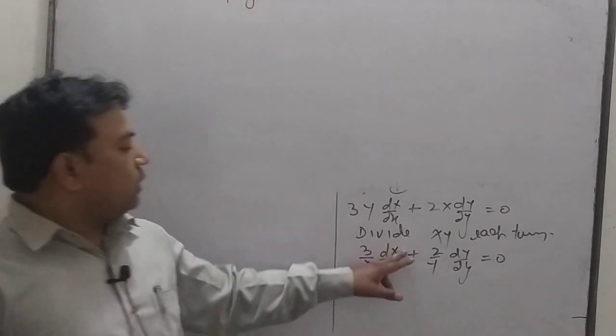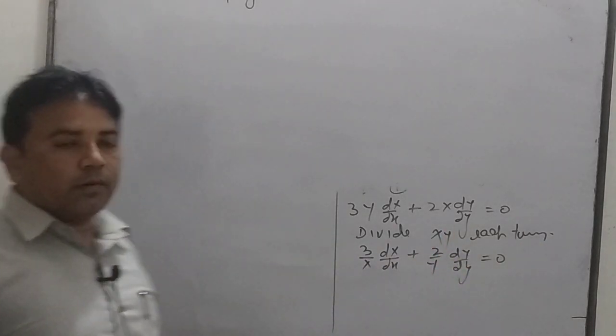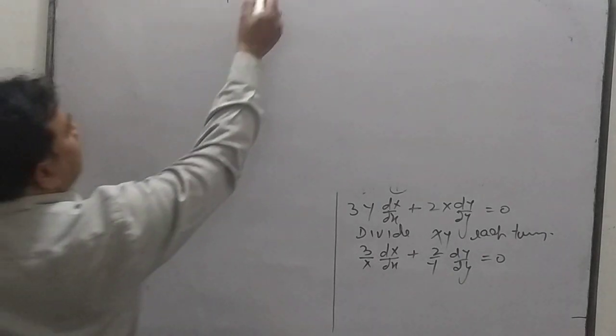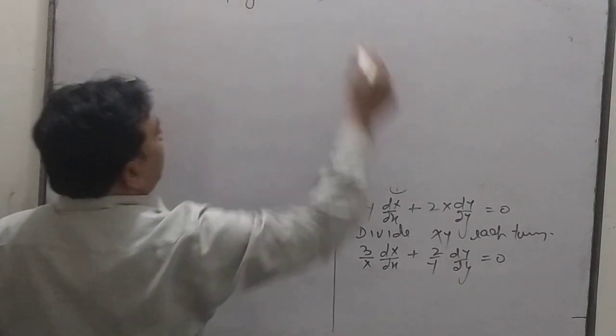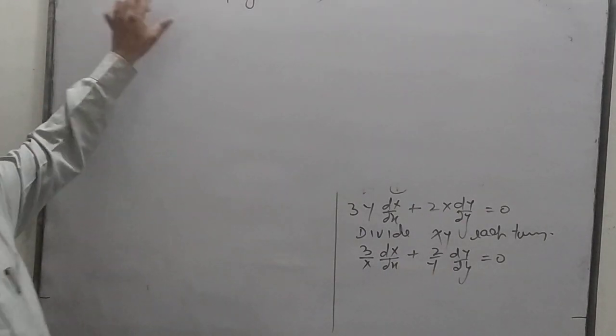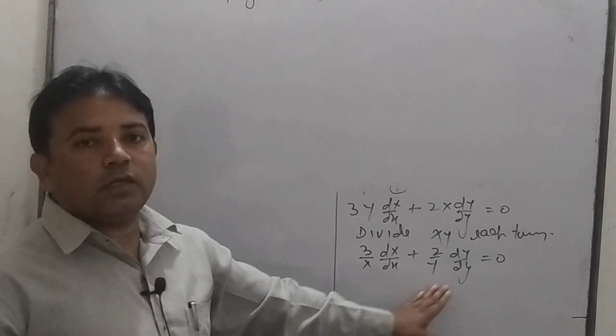3 upon x d over dx equal to the right hand side, then minus 2 over y d over dy. Let now the constant term of k and c. Any constant term of this, RHS of this the partial differential equation is the constant.